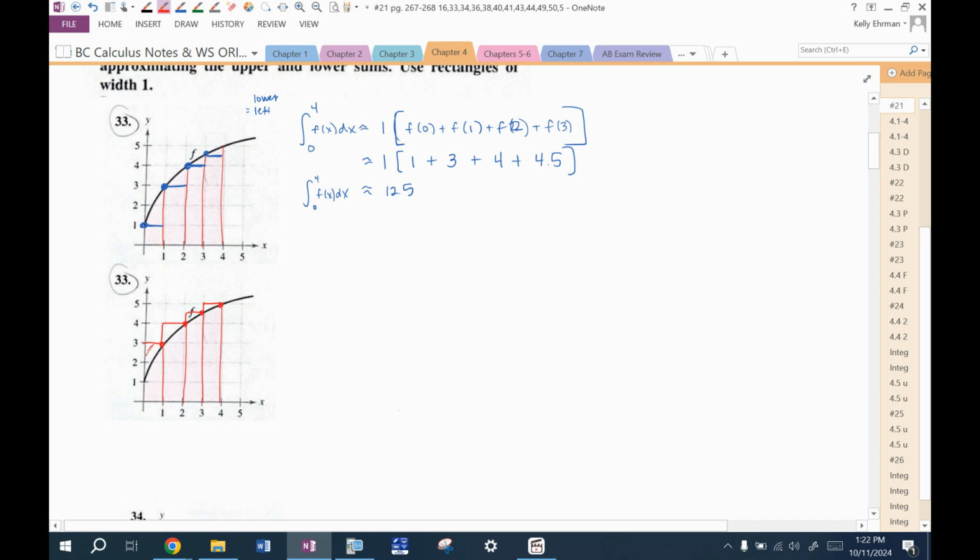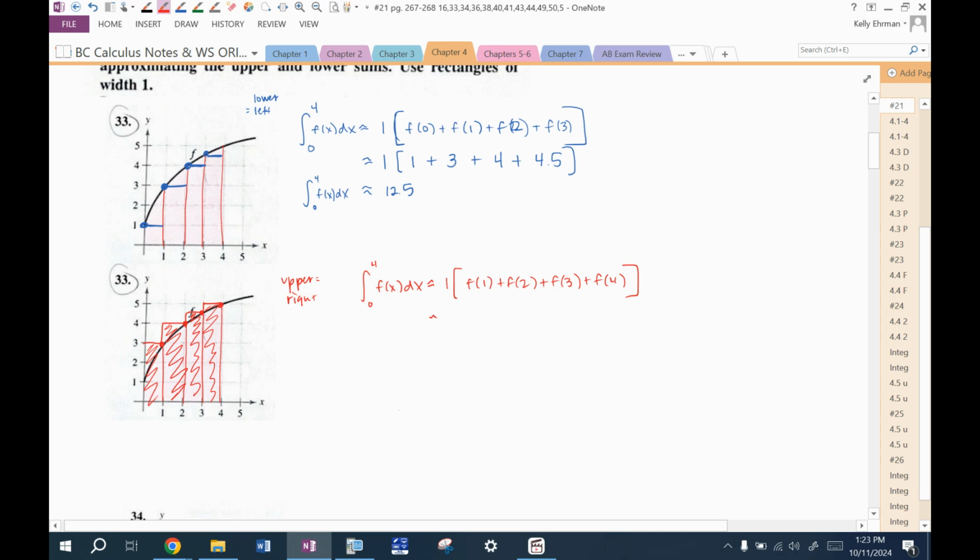So now we're getting this area. We know it's going to be too large because it contains the area we want plus a little extra on the outside. This upper, which in this case is the right, will give me an estimate for the integral from 0 to 4 of f of x dx. The rectangle width is still 1, but now our endpoints start at 1. So f of 1 plus f of 2 plus f of 3 plus f of 4.